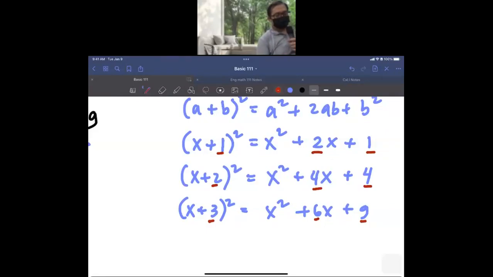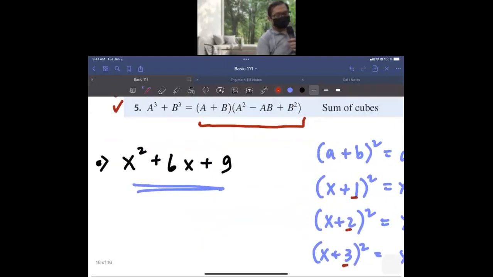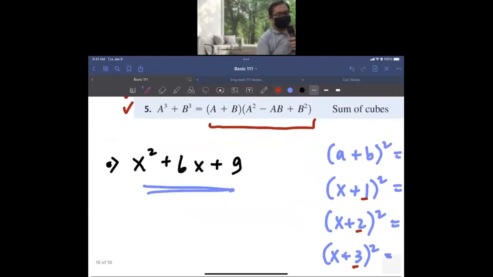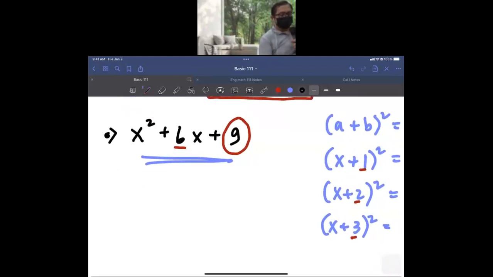So every time you have this, it means that it will be a complete square if you can at least take the square root of this 9. This becomes 3, and then multiplied by 2, it becomes 6. So it becomes the perfect square. So you know that this will be x plus 3.